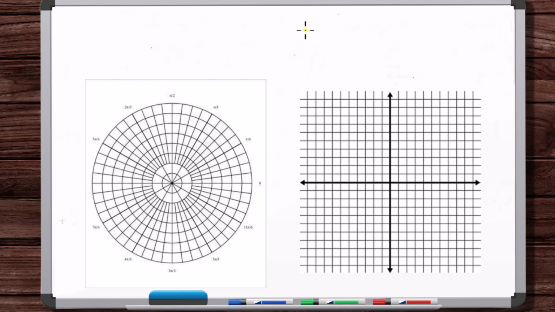Okay, so first of all, I want to make it really clear what we mean by a rectangular coordinate system or a Cartesian coordinate system. Same thing. It all has to do with the main axes and then correspondingly the minor axes, which are just parallel to the main axes.